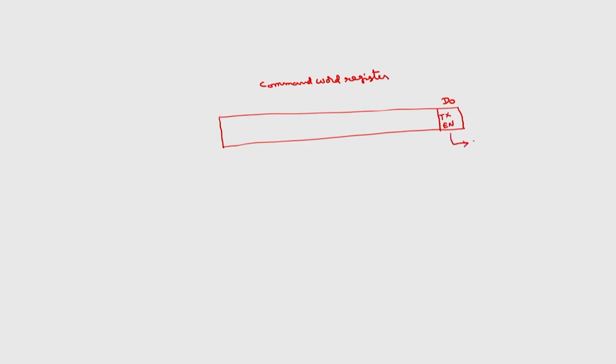If this bit is equal to 1, the transmitter will be enabled, 0 means disabled. Then this is data terminal ready. 1 means data terminal ready, as I have told, the data terminal will be the transmitter basically. Zero means not ready.